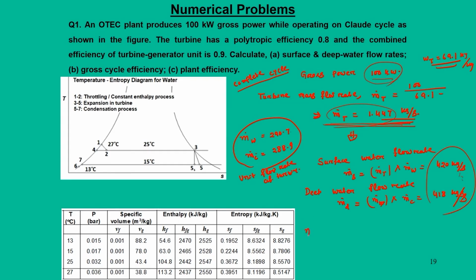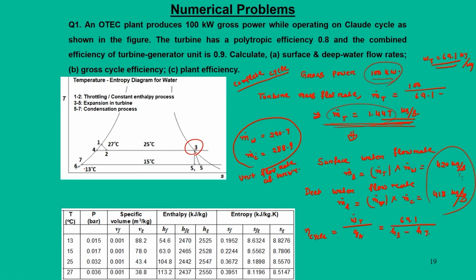Now, if you talk about cycle efficiency, that is W dot T divided by QA, the heat addition. We have this number 69.1, and the heat addition, that is H3 minus H7, the available temperature difference between this point and this point.